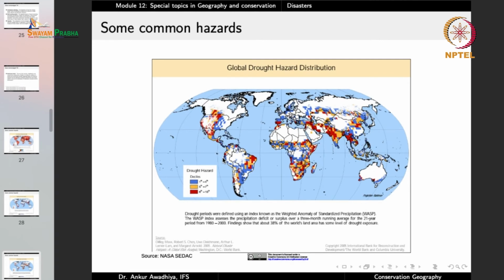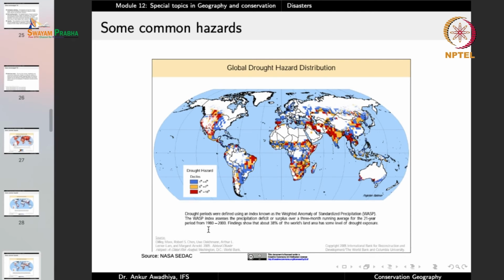If you look at the global drought hazard distribution, so this is telling us the various areas where there is a great probability of having a drought. And drought periods are defined using an index known as the weighted anomaly of standard precipitation, or the WASP index, which assesses the precipitation deficit or surplus over a 3-month running average for 21 years.